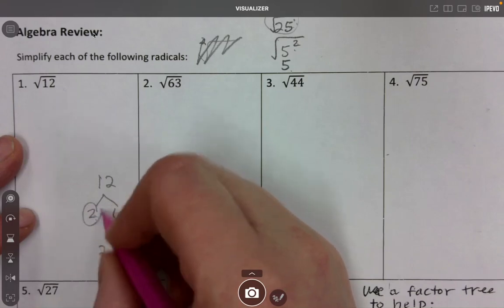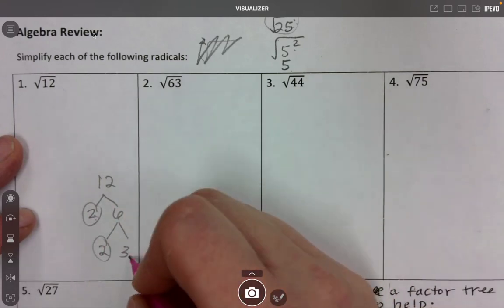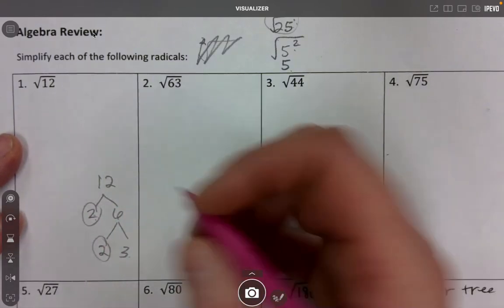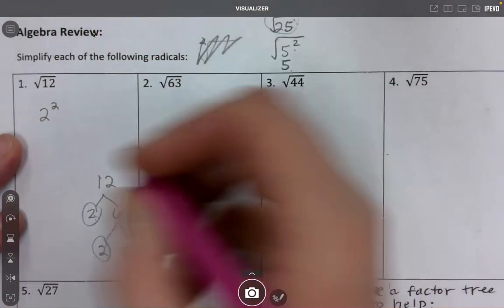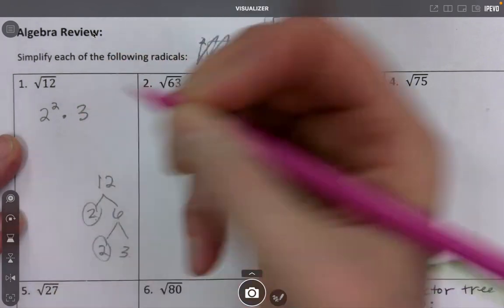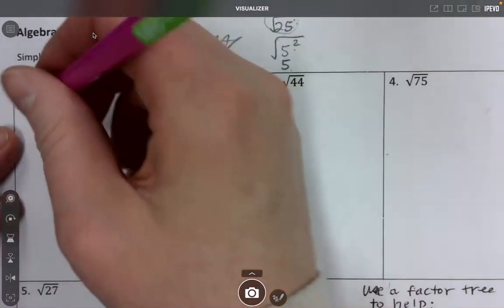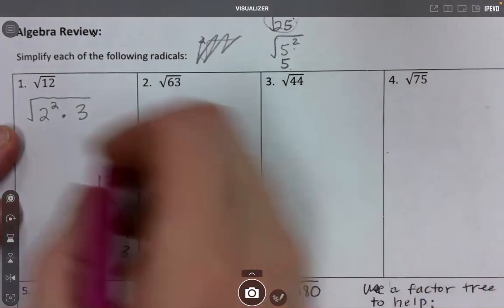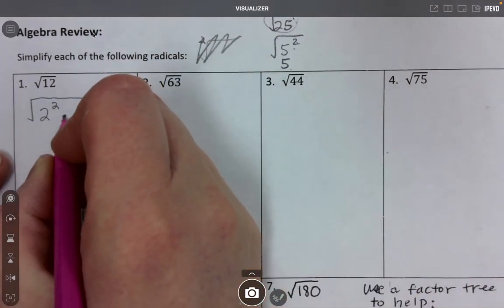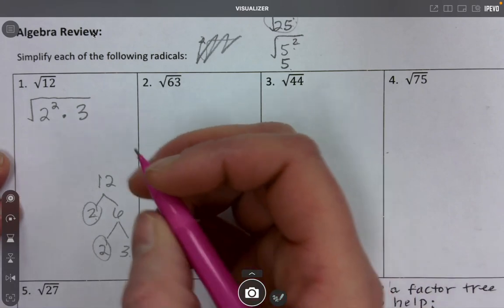What I notice is I have two 2's and I have one 3. So I'm going to take 12 and write it as 2 squared times 3. On the first problem, we're going to do lots of work. I'm going to have my square root over this entire thing. And it turns out that I can break a square root up over multiplication.